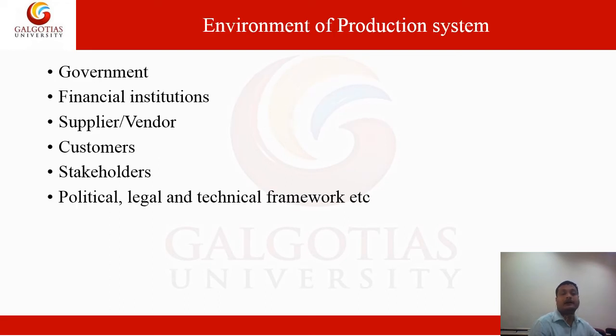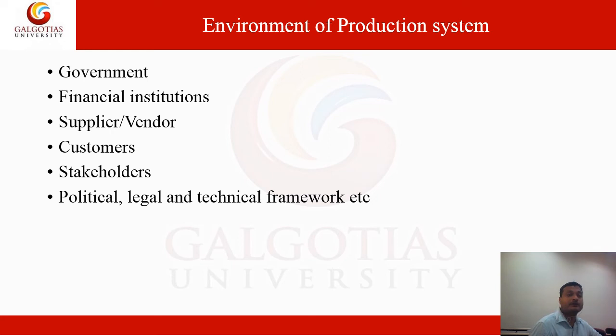And the last component of the production system is the environment of the production system. As I said in the beginning, all the 5 components of the production system work together in this environment. So the environment consists of many parties. One participant is government.